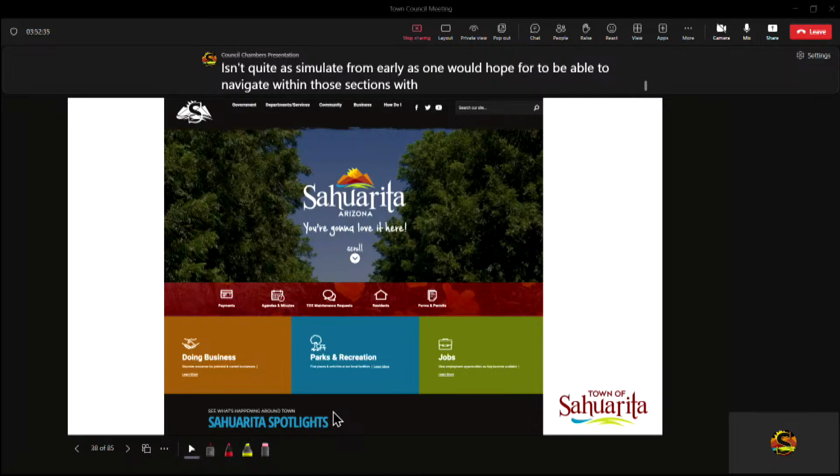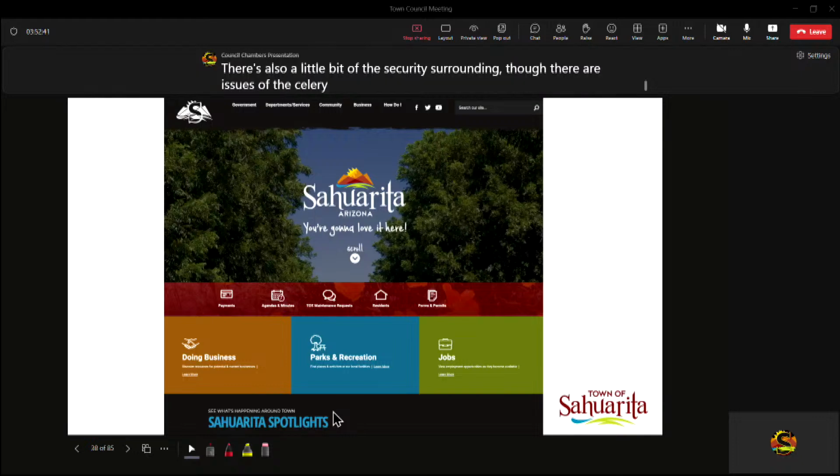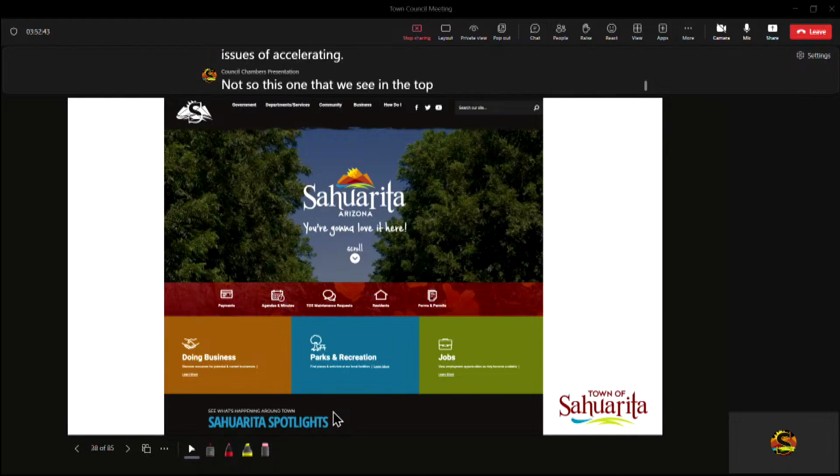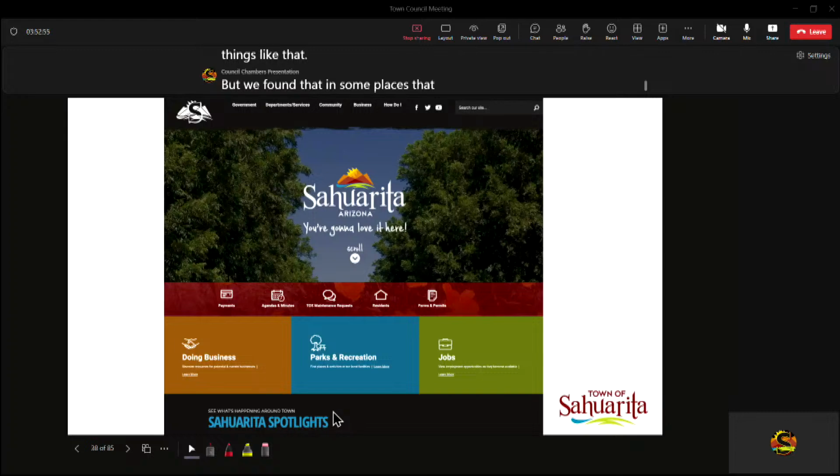There's also a little bit of mystery surrounding the variations of the Sahuarita mark. So this one that you see in the top left, this is a secondary mark that was created in, I think, 2016 for use as a kind of a decal and things like that, but I found that in some places it was used as the primary mark.